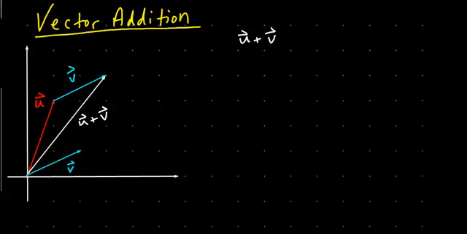To get the coordinates of it, if we consider it as a vector that starts at the origin, all we do is look at vector u, over 1, up 3, plus vector v, over 2, up 1.